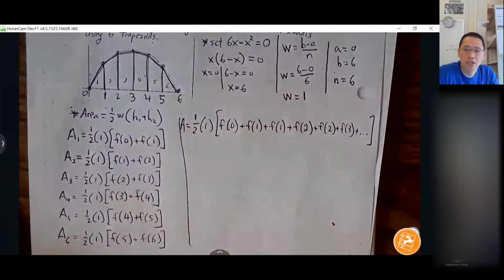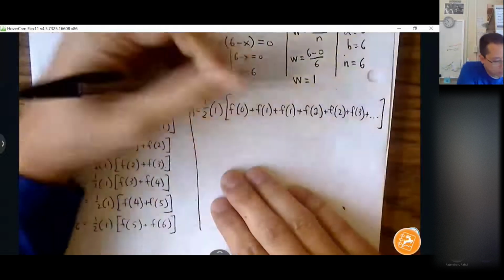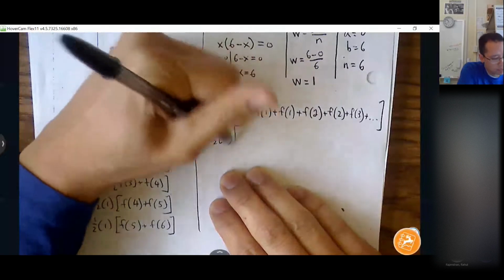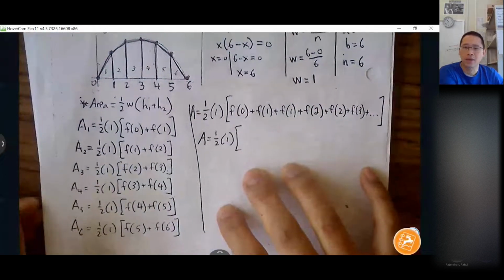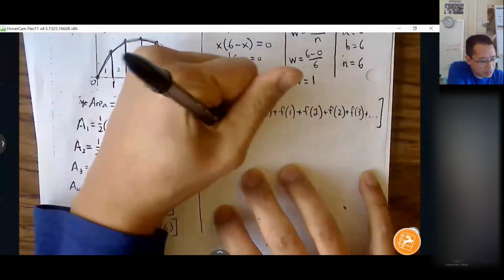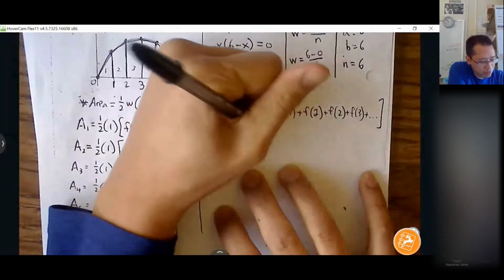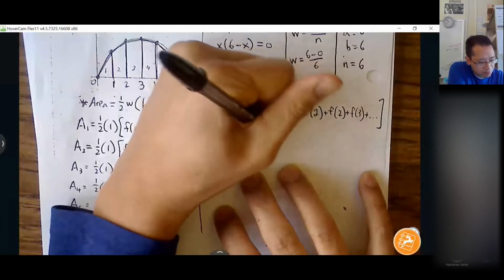So we could save a little bit of writing space, or the amount of writing we have to put down on paper, if we can see and understand that pattern. Basically the ends are only going to be used once, but all the middle ones are going to be doubled up.